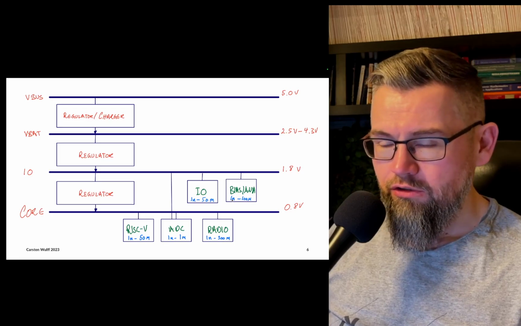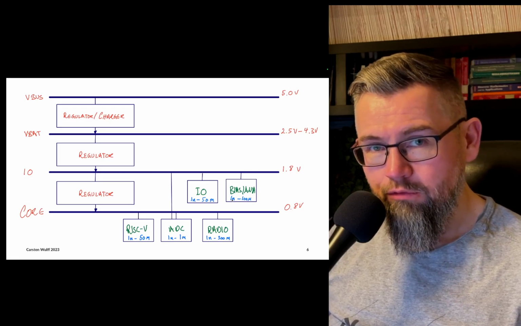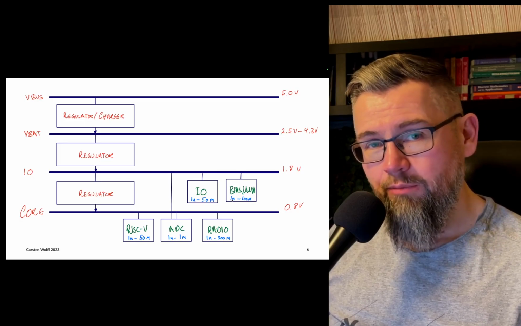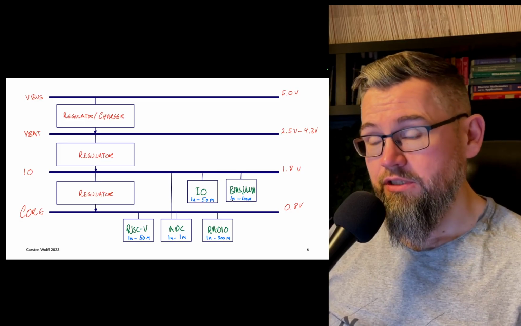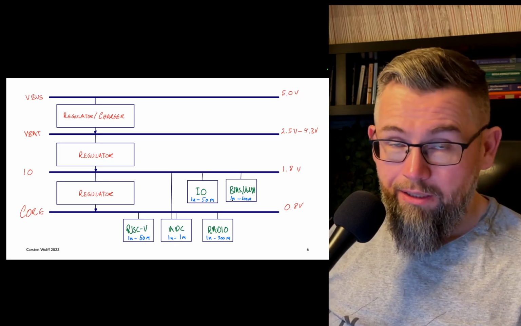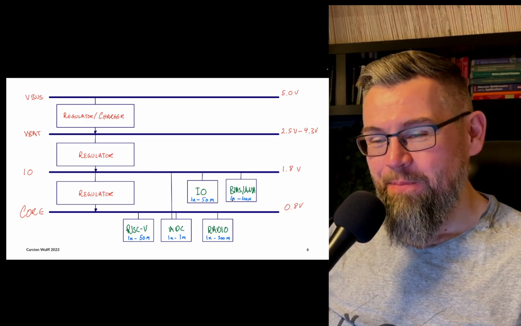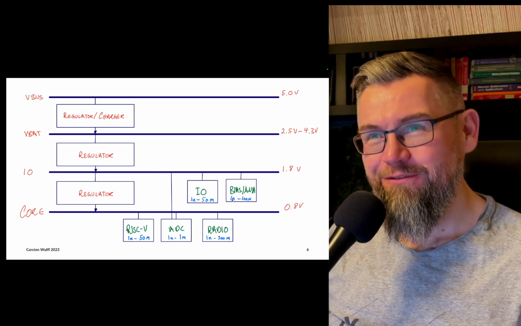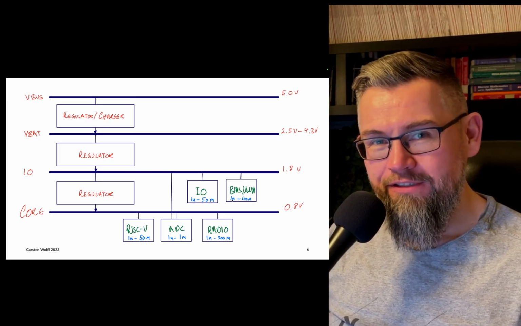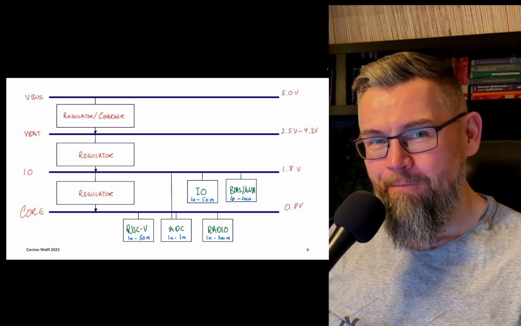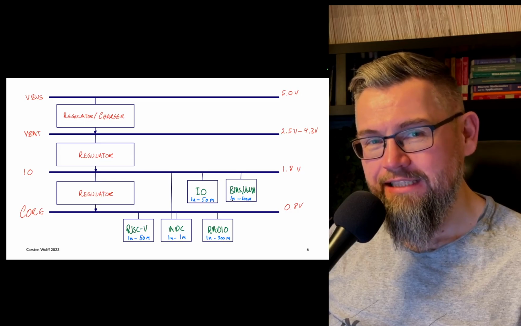For example, the voltage that you apply to a digital cell has a huge impact on the timing, so the delay of the digital cell. And as you should have known, on a chip you have to know the delay of every single digital cell in all corners, because you want to run a static timing analysis.